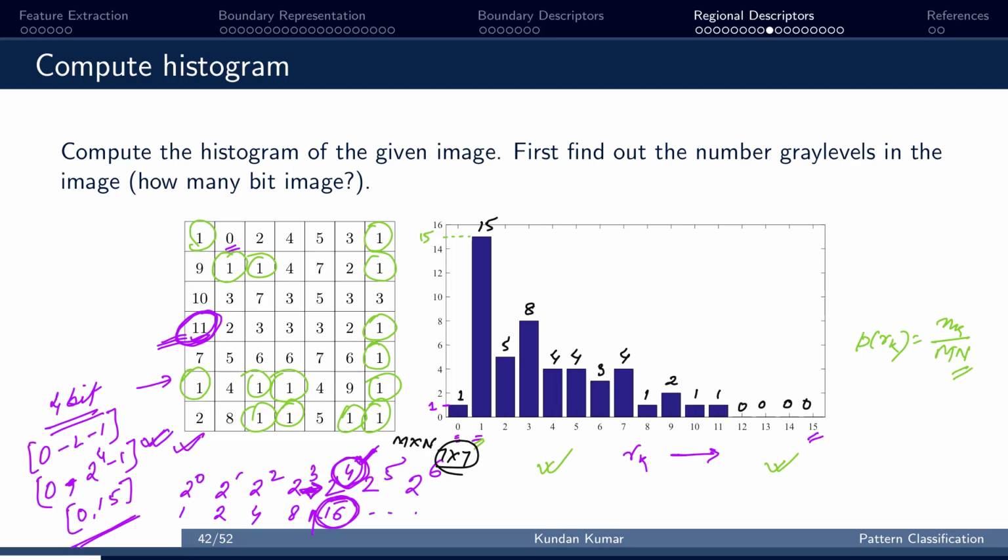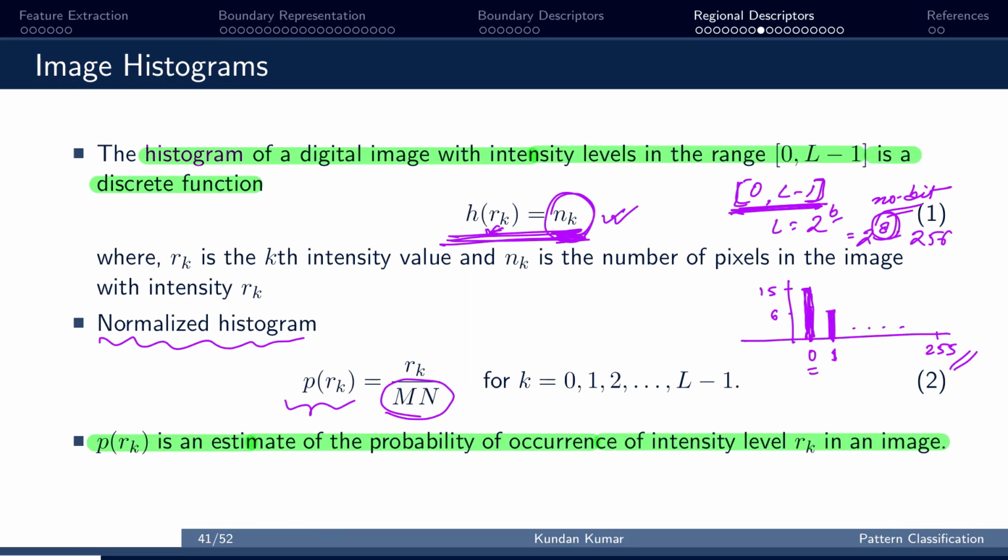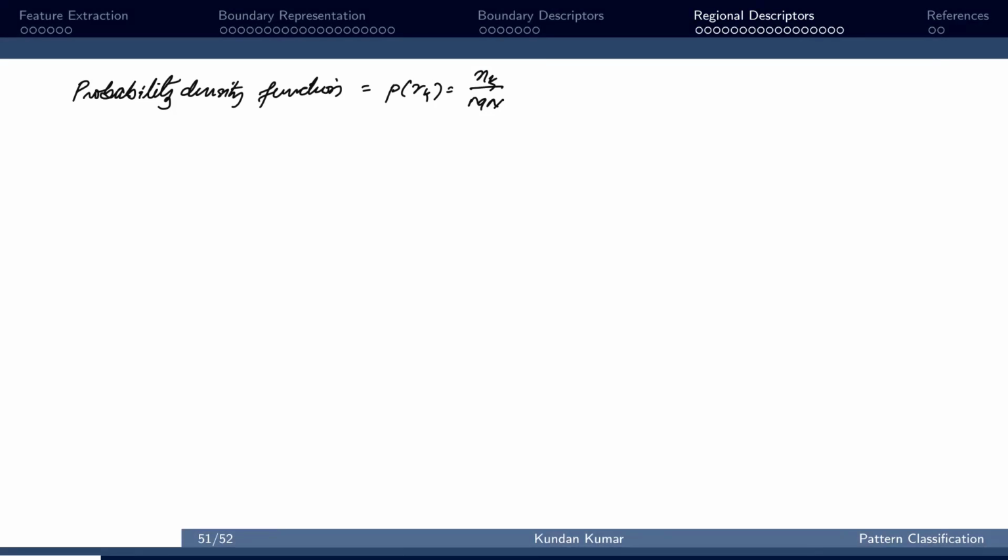So we can compute the probability density function. P0, if you compute P0, will be the count 1 divided by 49, that means 7 into 7, and it will be 0.0204.